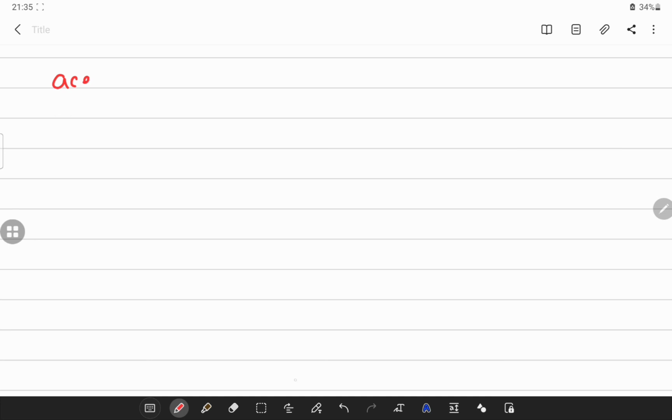Acceleration is equal to change in velocity upon time, which is equal to v minus u by t. Pretty simple, right? So yes, that's it. Now v is for final velocity, u for initial velocity, and t for time.